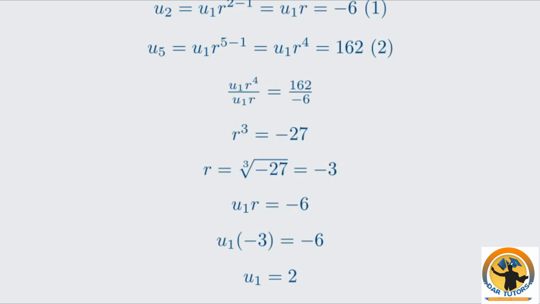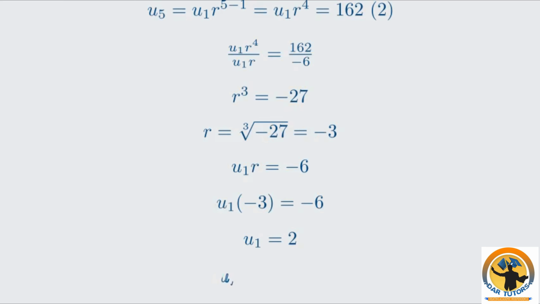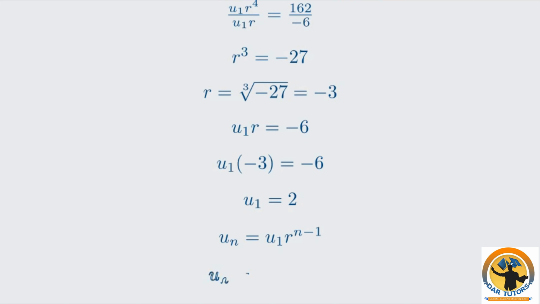We have our first term and our common ratio. We can now write the general term. The general term is u_n equals u_1 times r to the power of n minus 1. Substituting our values, we get u_n equals 2 times -3 to the power of n minus 1. This is the general term for the sequence.